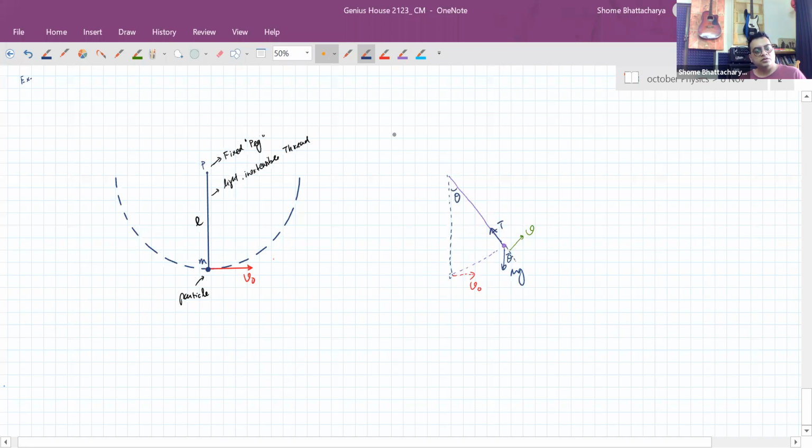So you can see once again going from here to here, this vertical displacement being h, we will apply conservation of energy.